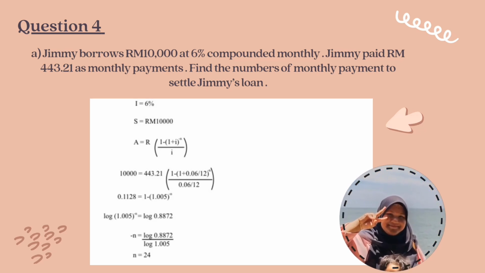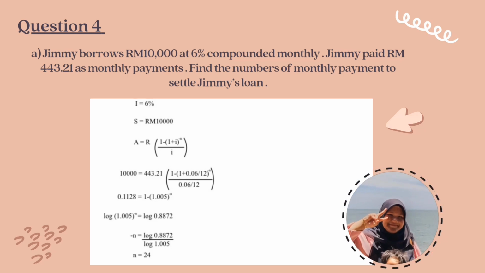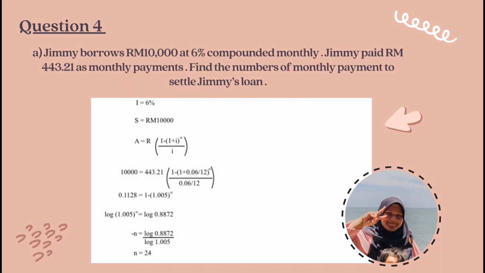The formula that we use is A equals R[1 minus (1 plus i) to the power of negative n] divided by i. 10,000 ringgit equals 442 ringgit and 21 cents [1 minus (1 plus 0.06 over 12) to the power of negative n] divided by 0.06 over 12.